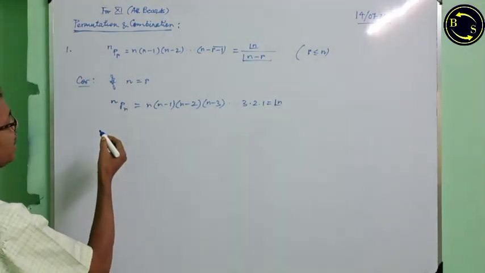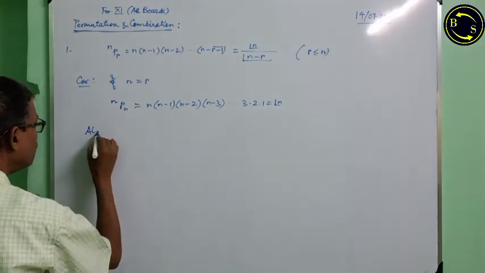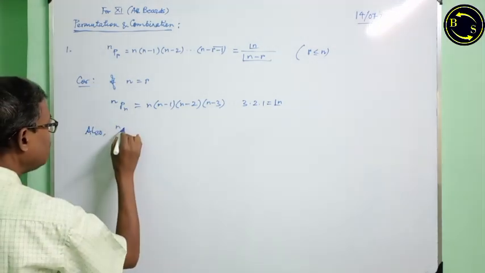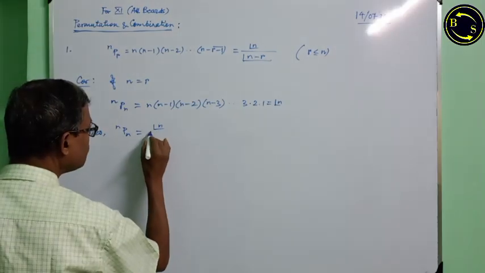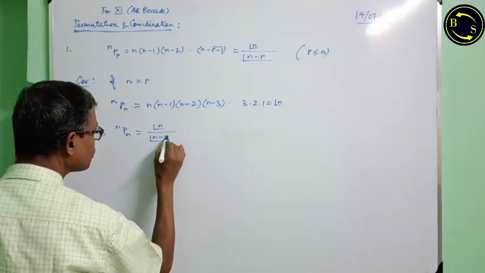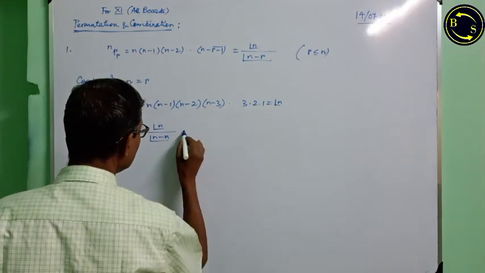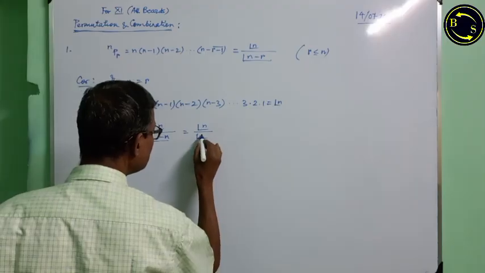Now if I use this form also, nPn is equal to factorial n by factorial n minus n, that is factorial n by factorial 0.